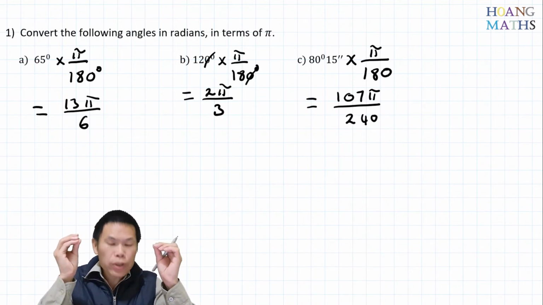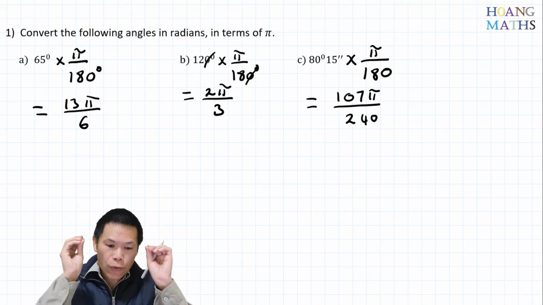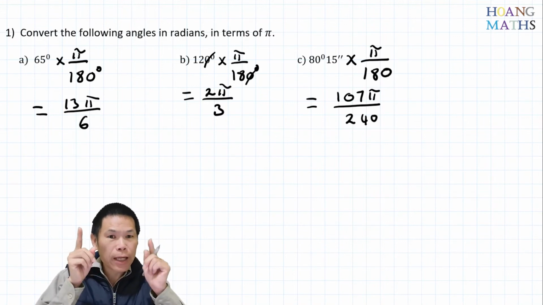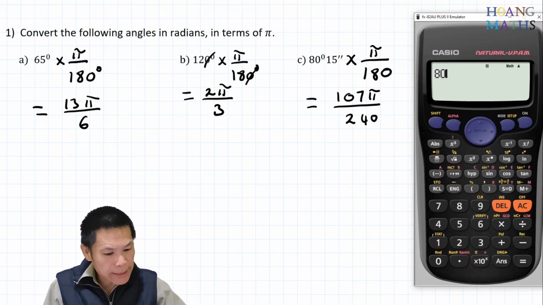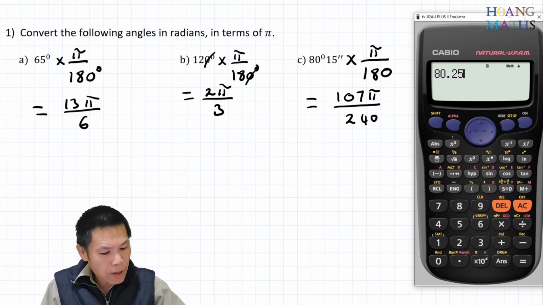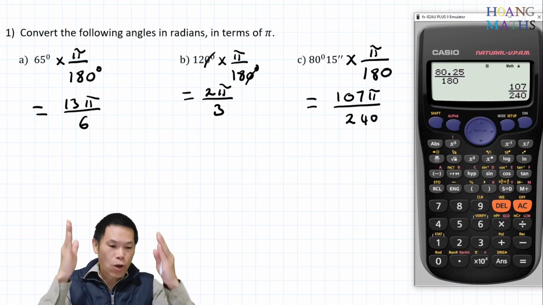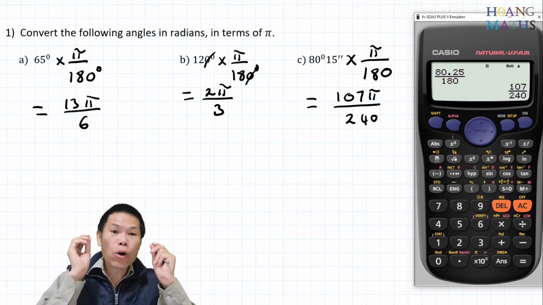Otherwise, you can just put 80.25 over 180 and it also works, because 15 minutes is 0.25 of an hour. So if you put 80.25 over 180, it should work also. SD. There you go. 107 pi over 240.